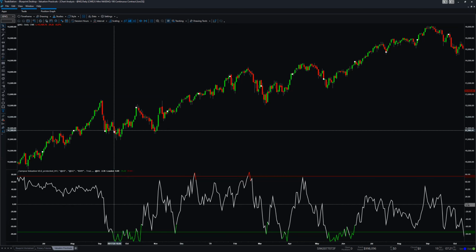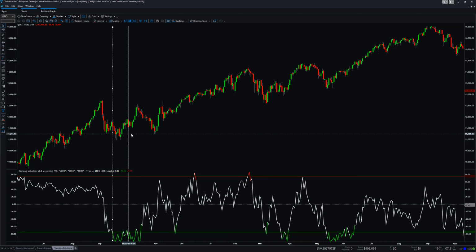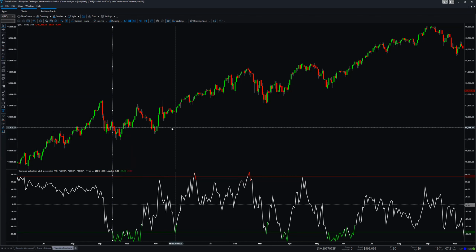So the readings that we're going to get in terms of undervalued: we stay undervalued for a very long time, and then eventually price just absolutely takes off. Here price rallies, then there's the very rare setup where price rallies and we're getting undervalued. Really have to pay attention to that.